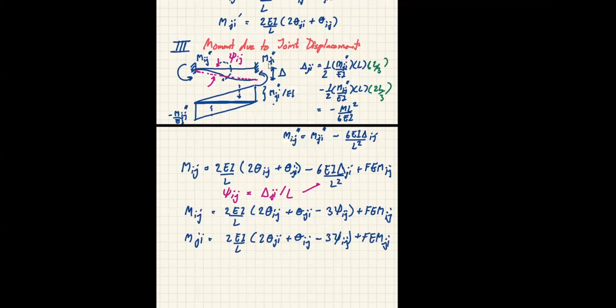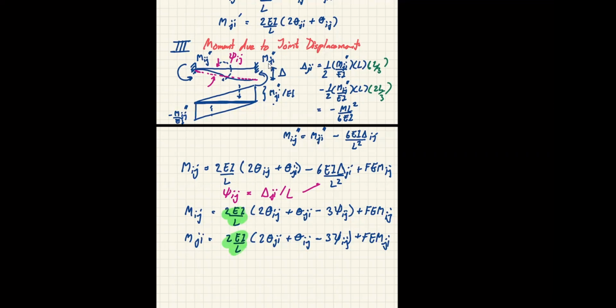Notice that now we have the relationship between moment and joint rotation, joint displacement, and moment due to the load. Notice one more thing, that this is the stiffness of the structure, right?